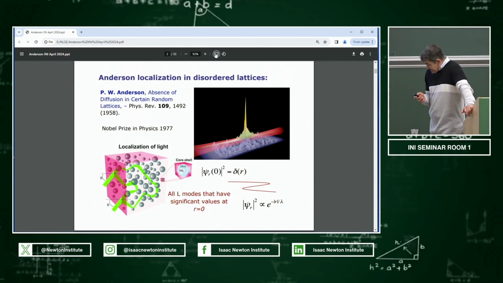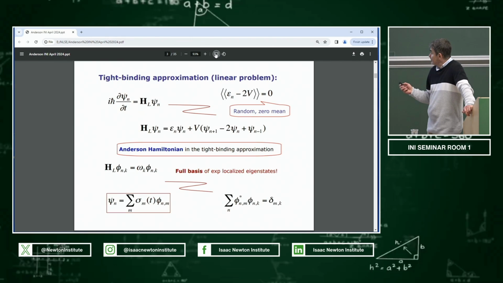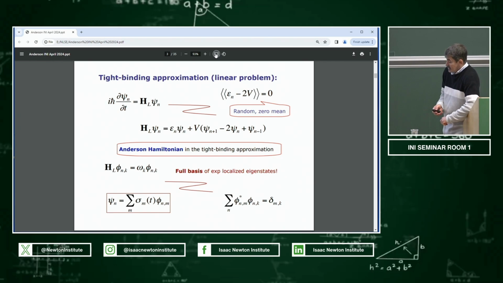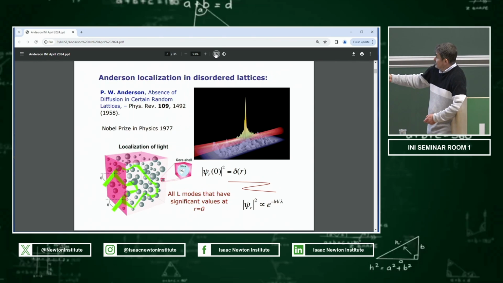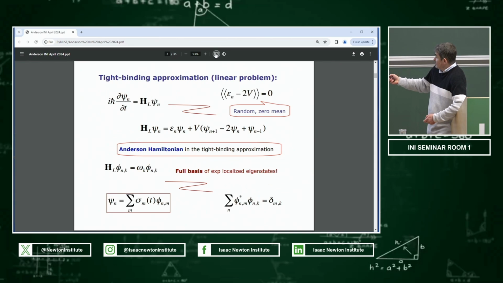With these premises, I go ahead and go for nonlinear. Well, maybe still something about linear: how do you describe localization in theory? Anderson proposed to write a Hamiltonian, which is now known as the tight binding approximation. This is a specific form of Hamiltonian, which goes like this.